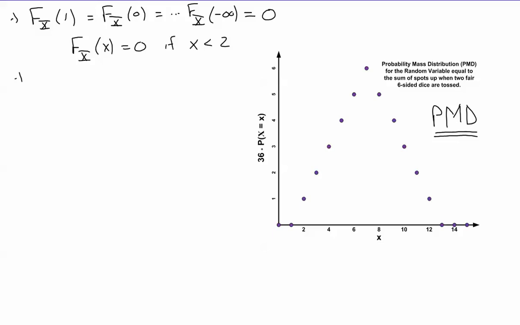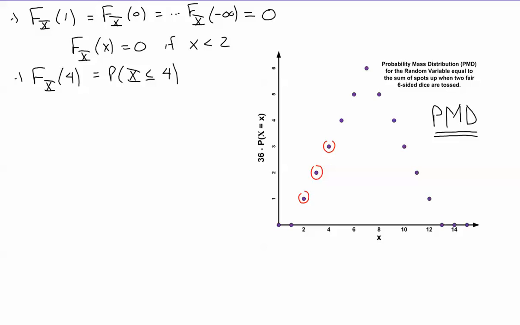What about my cumulative distribution function evaluated at 4? This is the probability that x is less than or equal to 4. Well, it includes that spot, and that spot.